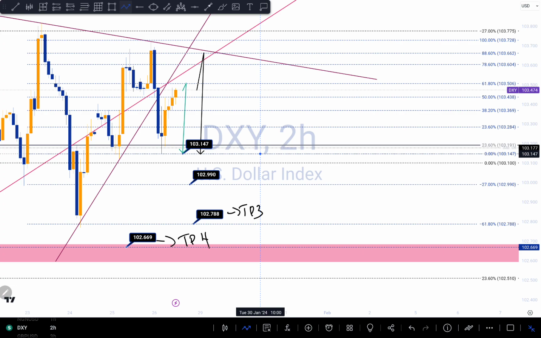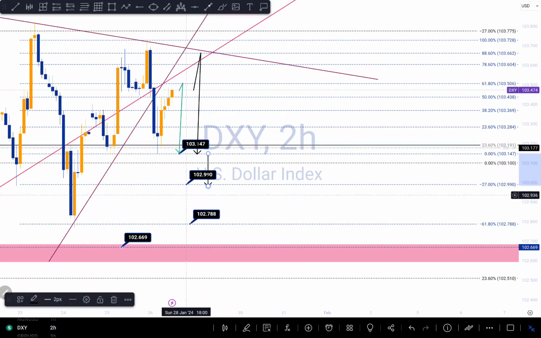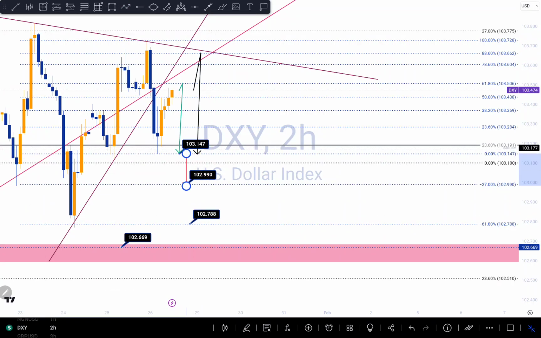I'm just going to draw a line to make sure that this is also an invalid area right here, my TP2 right here.